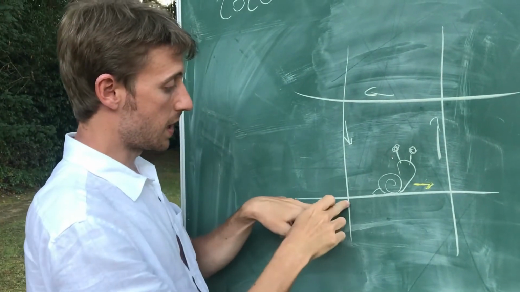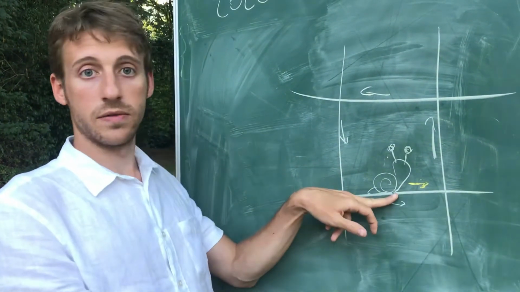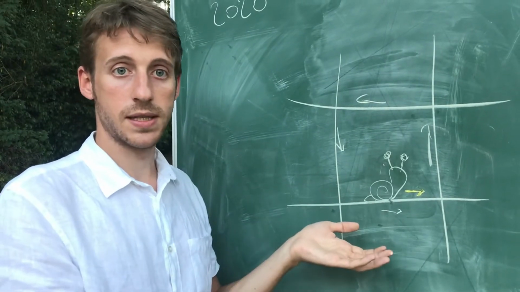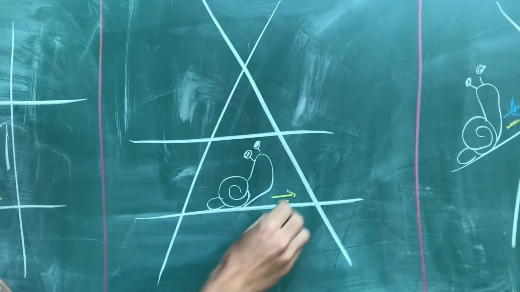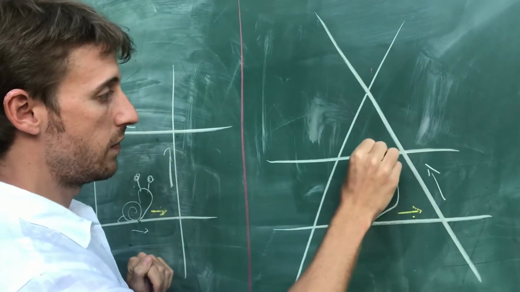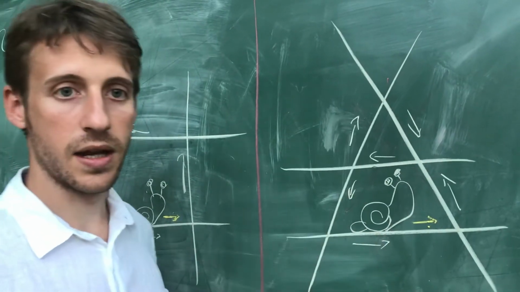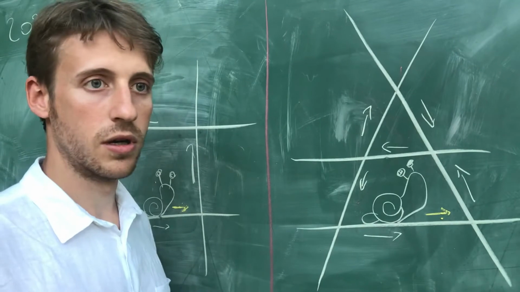And then here again, if he goes right, he gets lost. But if he goes left, well, he's back to the start, but in the same direction. So this doesn't work. And here we can try some different path, but again, we find that it's impossible. So for instance, I can go here and then I go left and then right. And again, I'm in the same direction. So you can try other ways and it won't work.